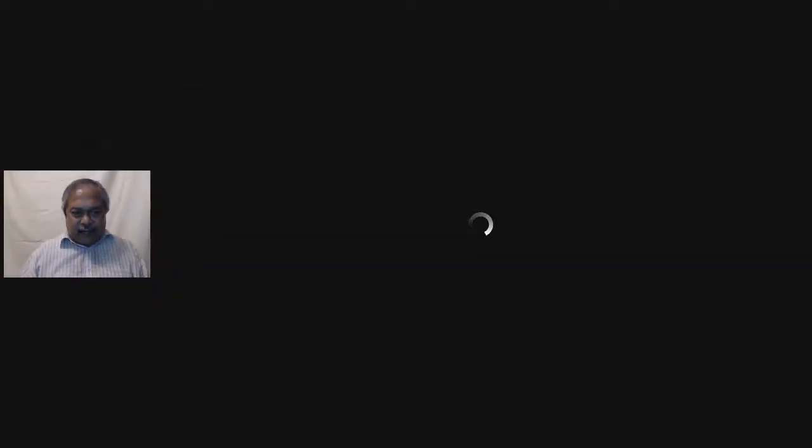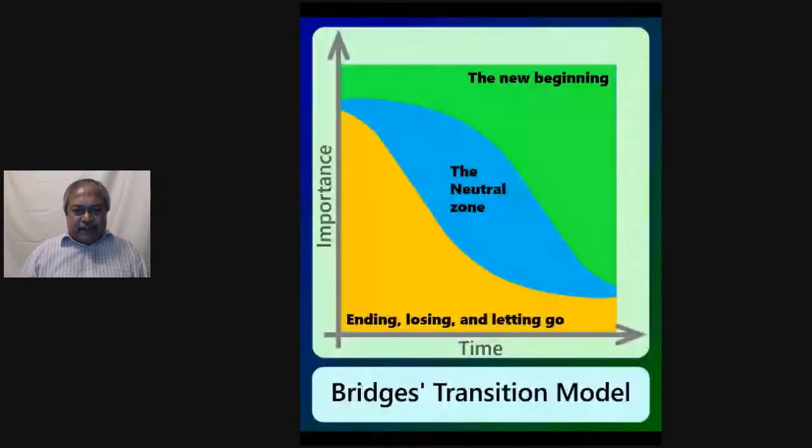The Bridges transition model. That's what you're going to see now. This is something you could use in any change management, any kind of change that is happening. There is always something which is important. I'll put this a little bigger so that you can read the model, and after that I'll increase my video size.